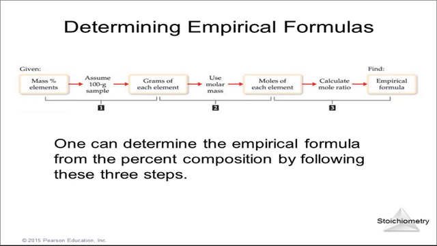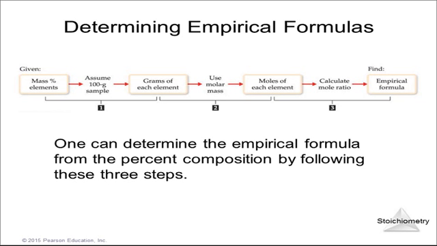Okay, so how can I use the information given from percent composition to calculate the empirical formula of a given compound? First of all, we need to touch on what empirical formulas are. In the module that you were given last week, I mentioned that an empirical formula is a lot like a reduced fraction. The empirical formula is the most basic ratio of the different atoms within a compound.